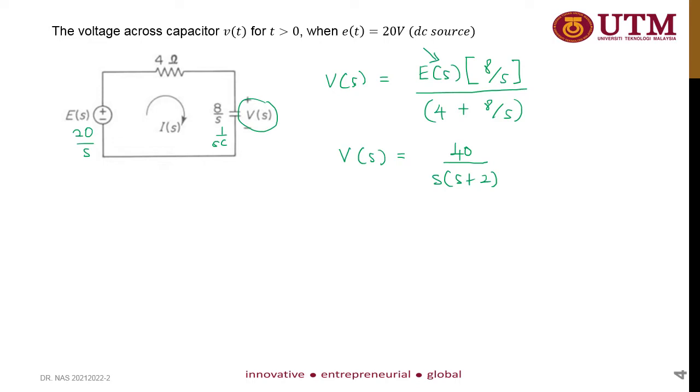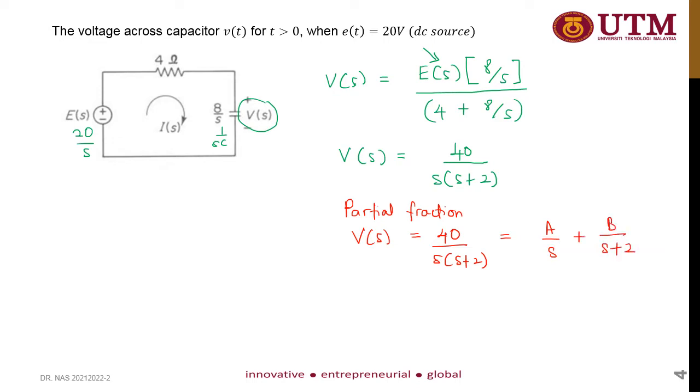From here you can use partial fractions to get the parameters A and B, in which V(s) equals 40 divided by s(s plus 2), equal to A over s plus B over s plus 2.